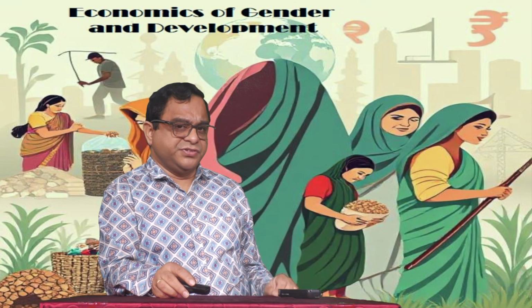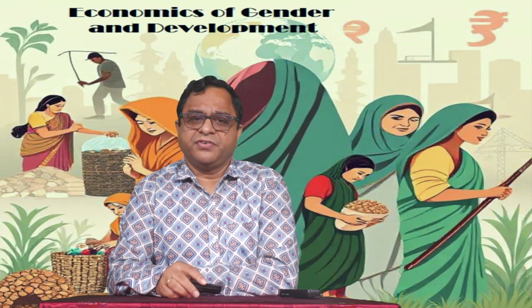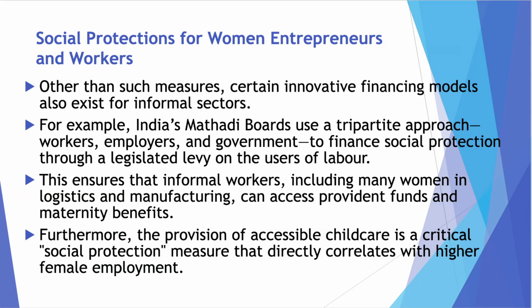Other than such measures, certain innovative financing models also exist for informal sector women workers. For example, India's Mathadi boards use a tripartite approach. Workers, employers, and government, these three parties, finance social protection through a legislated levy on the users of labor.